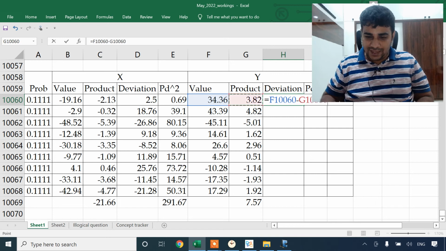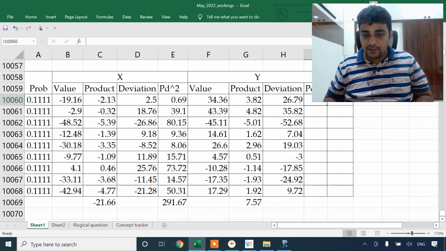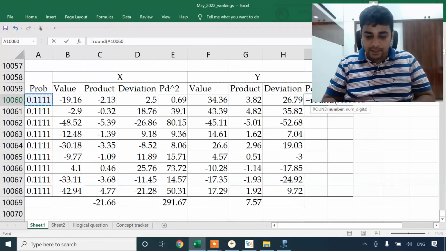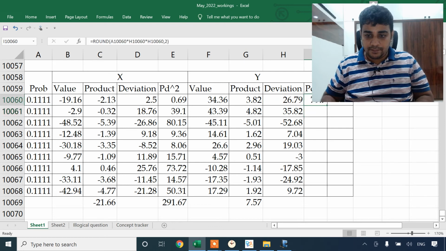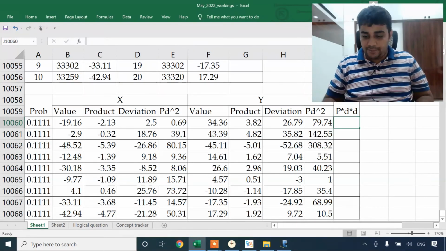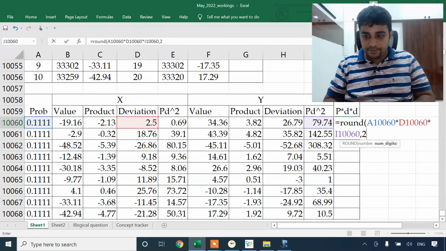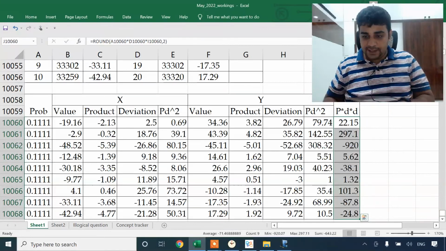I just hope there are no calculation errors. Probability into deviation into deviation. And finally, probability into deviation of x into deviation of y.